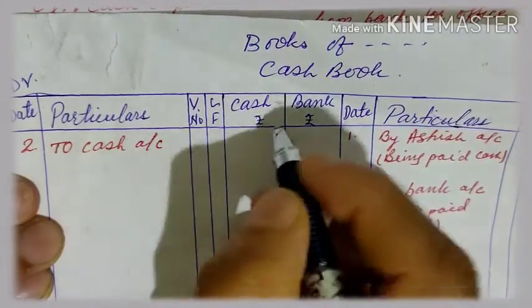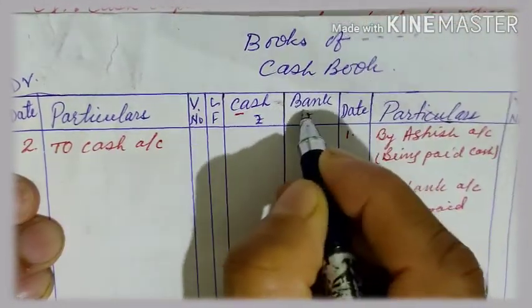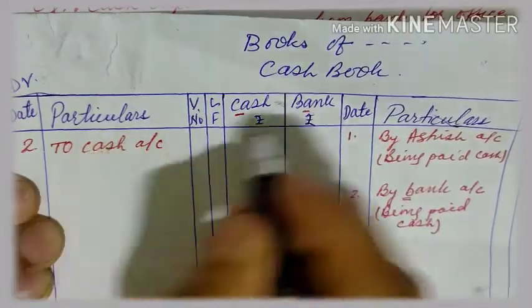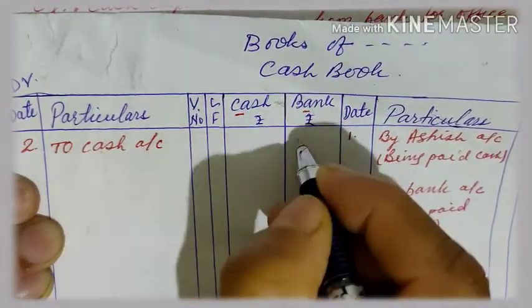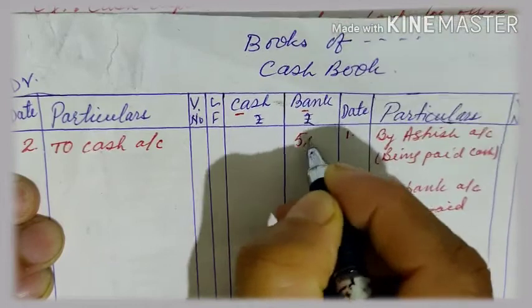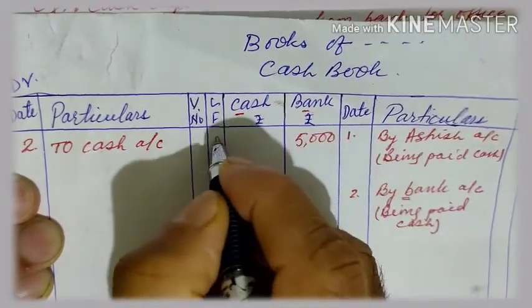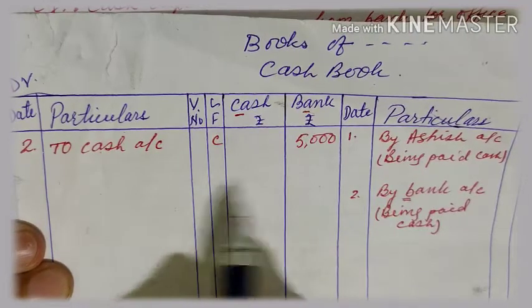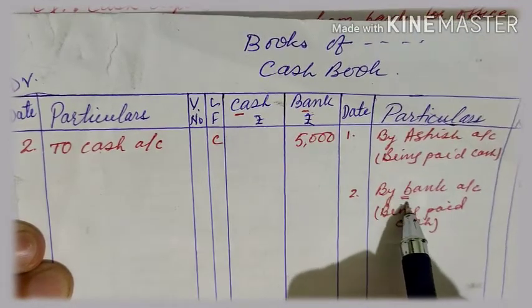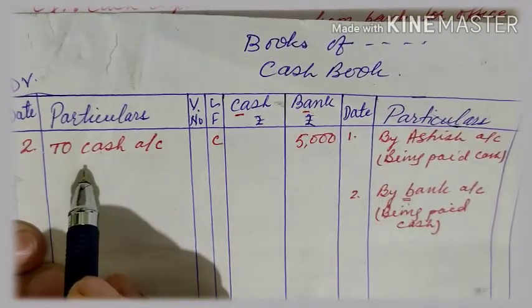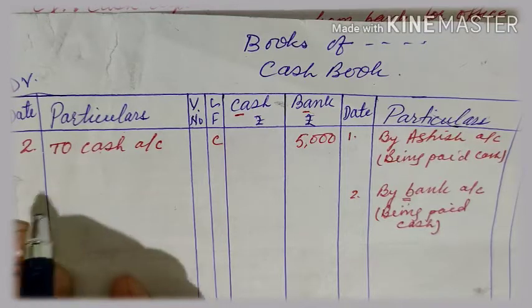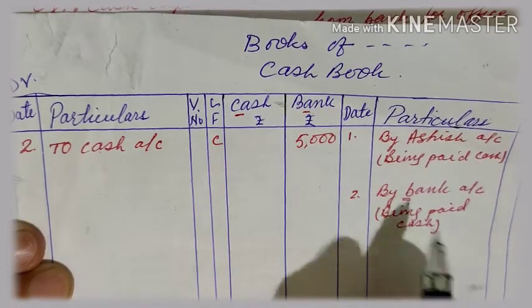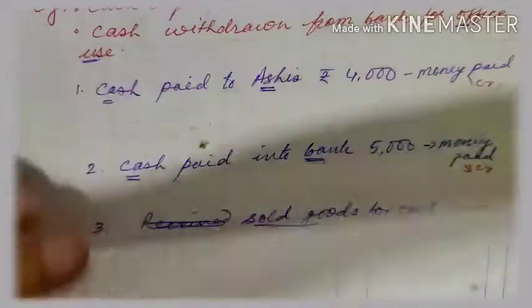Now here you have cash column and bank column. Here the money is paid to the bank, so we'll write in the bank column 5,000. And this is contra entry. This is how the contra entries are made. Once on the credit side, again on the debit side, or once on the debit side, then again on the credit side.